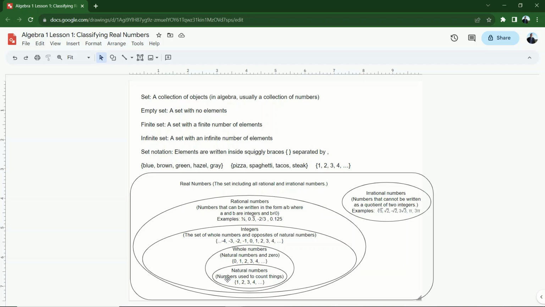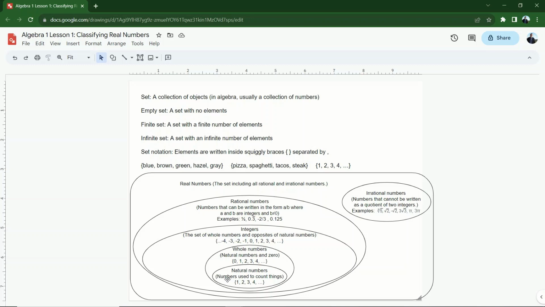A half a sheep would terrify me and I'd have a nightmare. But instead, I'm going to count individual whole sheep, 5, 6, 7, 8, 9, 10. Those are the natural numbers used to count things. No decimals, no fractions involved. And the number 0 is not a part of the natural number set because we don't start counting at 0. I guess unless you're a computer programmer maybe, but you don't have to know that. Instead, you start counting at 1.